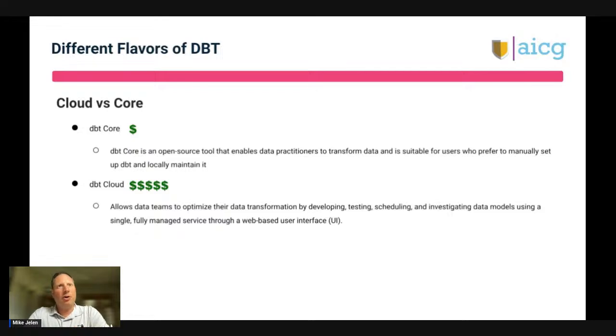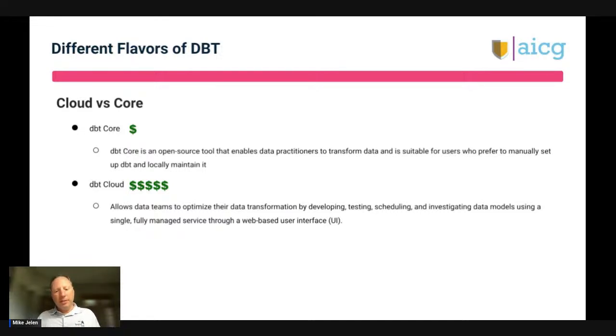You're going to leverage the open source version of DBT. You're going to do all of the installation and configuration. You're going to do all of the maintenance that's associated with it. And so naturally, from a subscription perspective, DBT Core is, quote unquote, the cheapest.